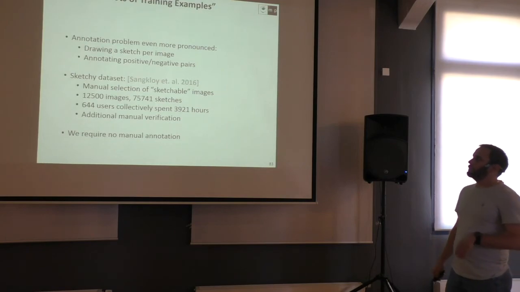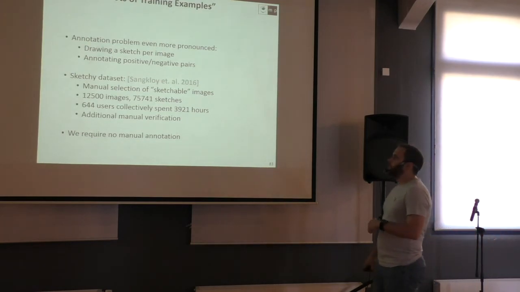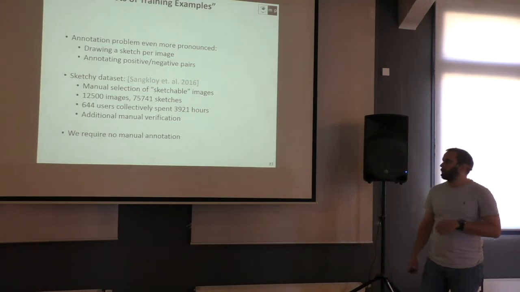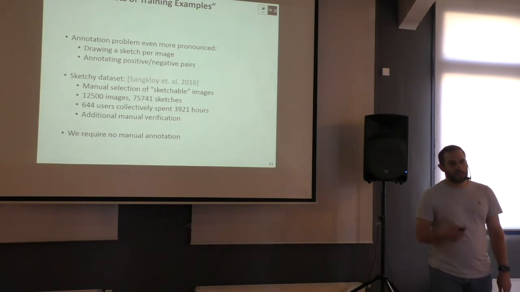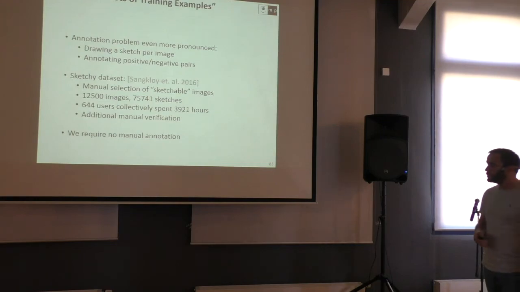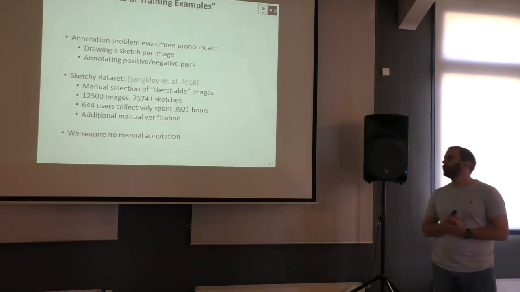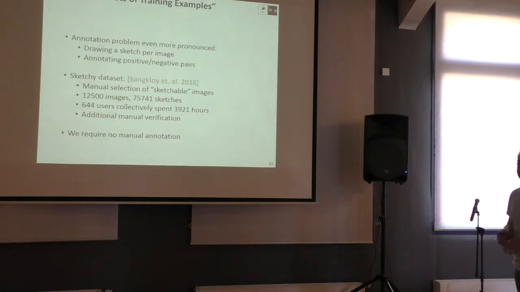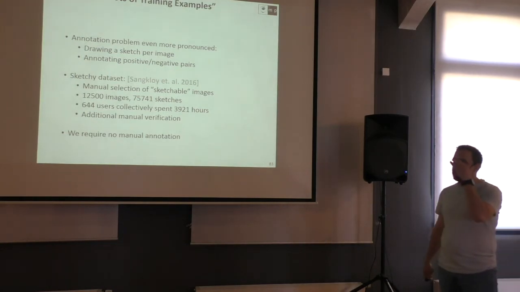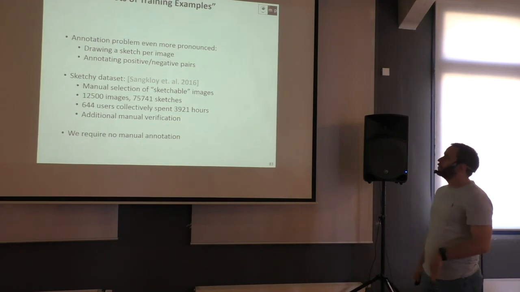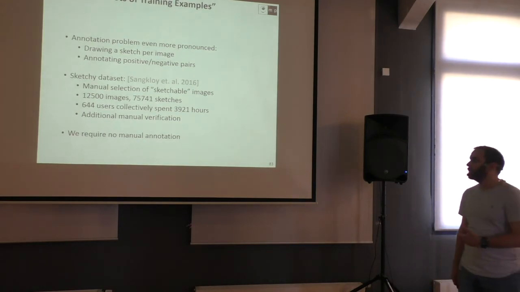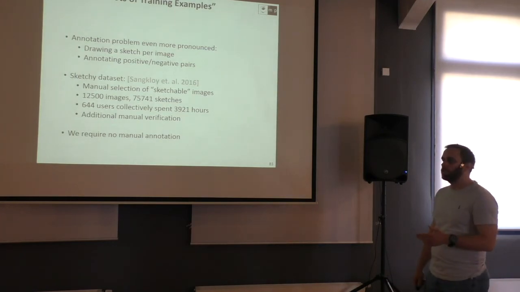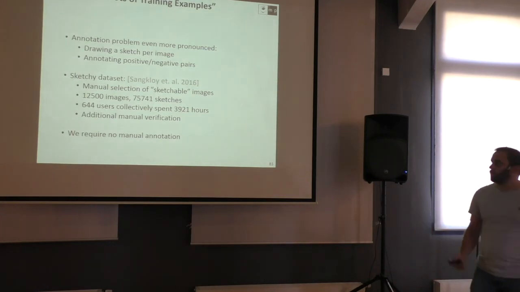To tackle this, recently people spent practically years of man hours to create datasets of sketches to train on. And we try to reuse the things that we did for CNN image retrieval and not use any sketches. So we try to generate a lot of training examples to teach the CNN to retrieve sketches without ever seeing a sketch at training time.